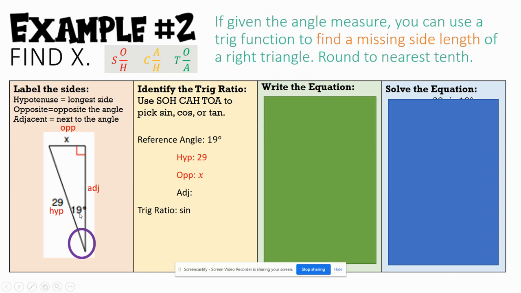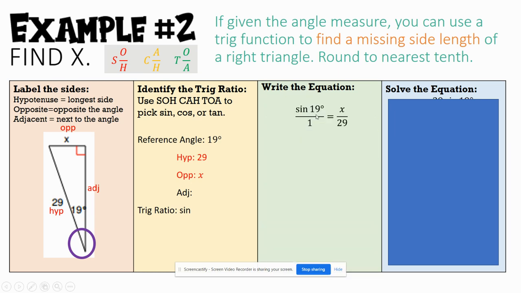Sine of the angle measure, so sine of 19 degrees, is equal to the opposite over the hypotenuse side length. So sine of 19 degrees is equal to opposite side length, which is x, over the hypotenuse, which is 29. Here's your equation.